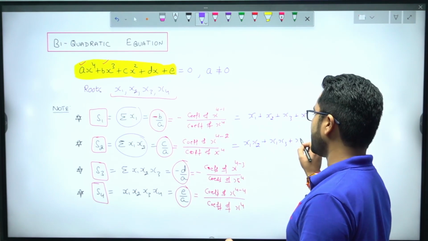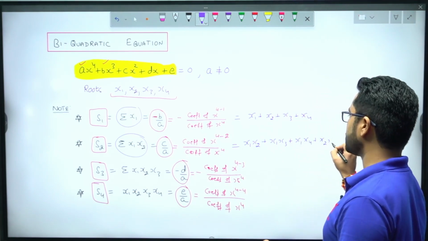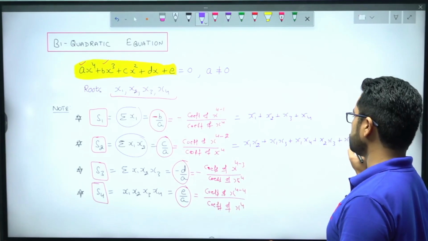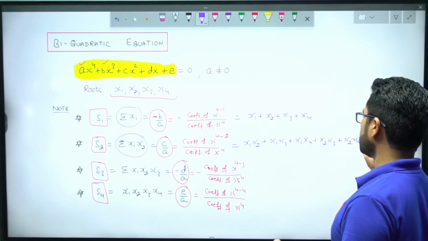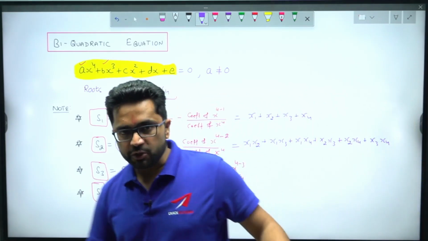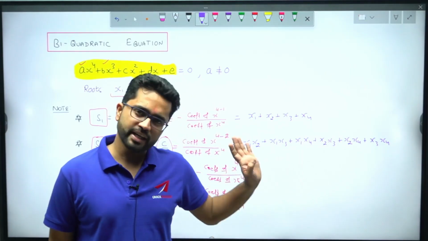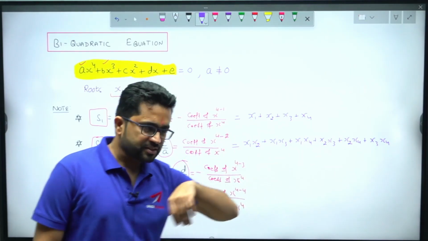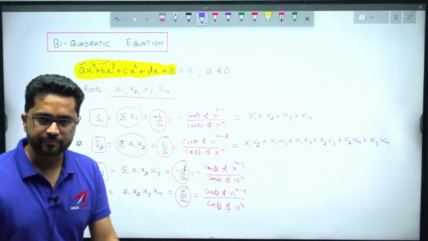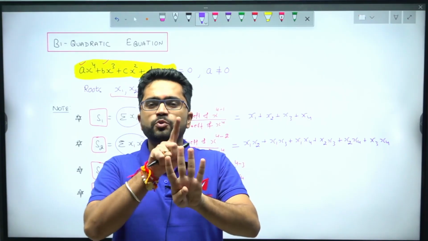The next one is x1, x4. The next one is x2, x3. The next one is x2, x4. The next one is x3, x4. Please don't worry if you are not able to write these things in detail. You will not need them at this moment. But I'm just explaining what this sigma is. Okay, you can take this example like there are four persons: x1, x2, x3, x4.